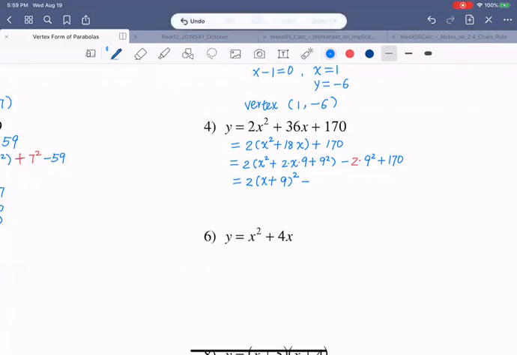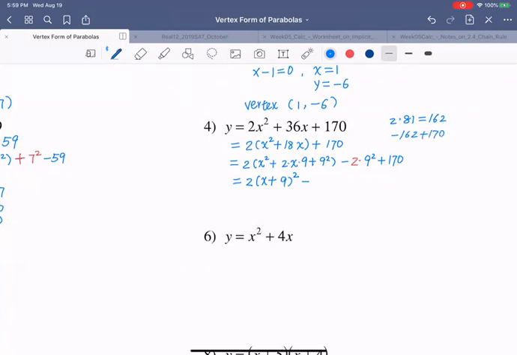So 9 squared is 81. 81 times 2 is 162. Minus 162 plus 170 is how much? Positive 8, sorry. Okay, now do the vertex.